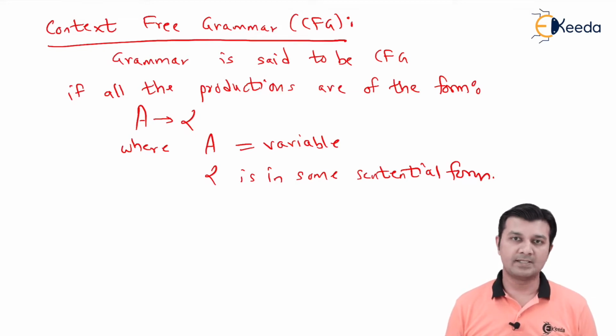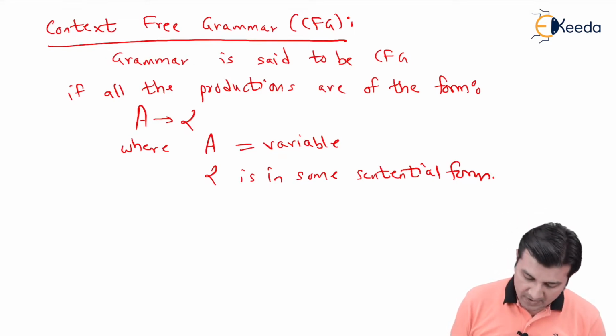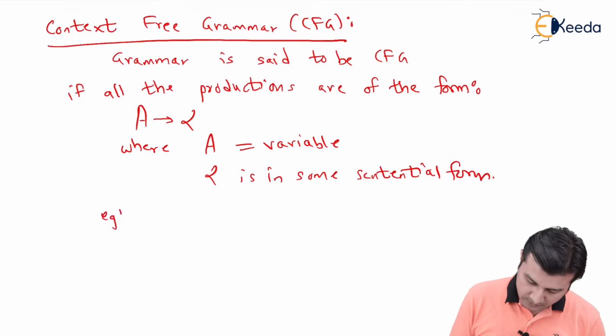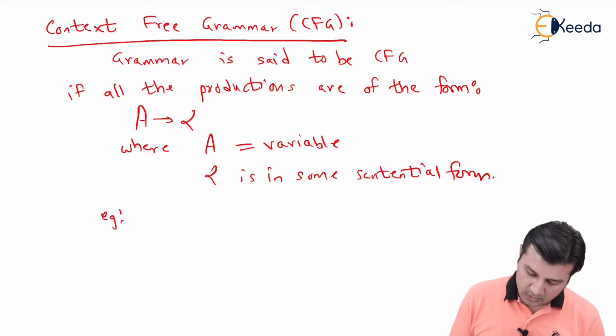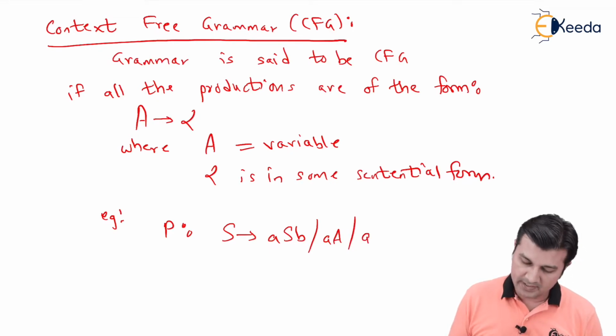Let us take an example. Here I have my production rules something like this. Let us say P is the production rule, and the production rule is S gives ASB, or S gives AA, or S gives simply a small a.